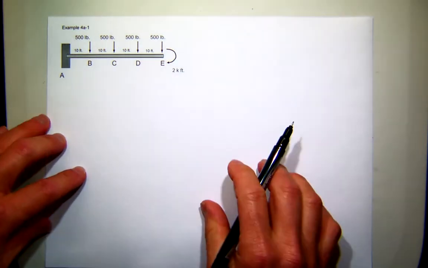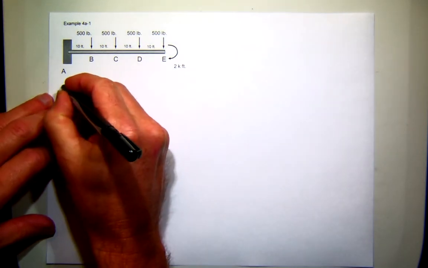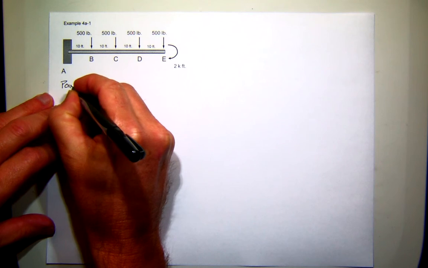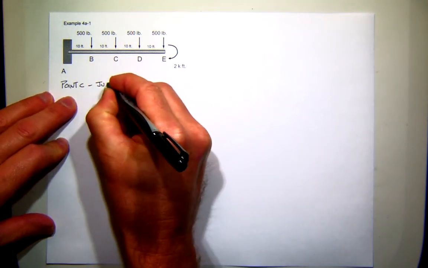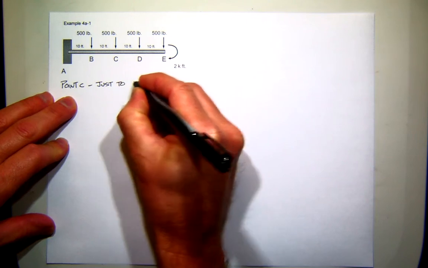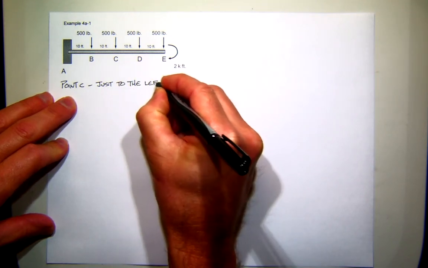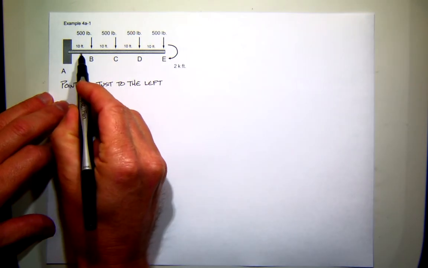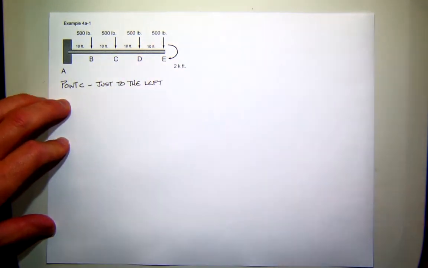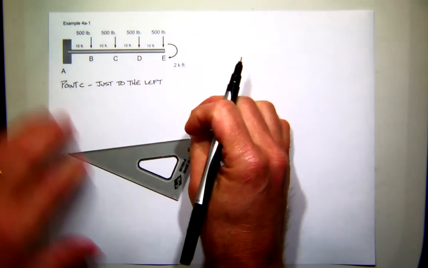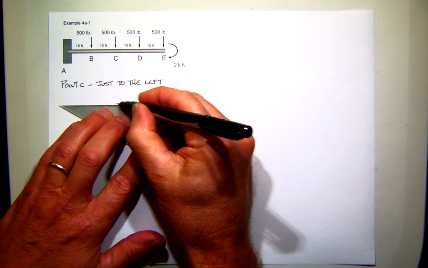Okay? So the first thing I'll do is look at point C, where we're trying to find this, and I'll say just to the left. You can imagine that you're going through the structure and you stop just on the left side. So my free body diagram will look something like this.